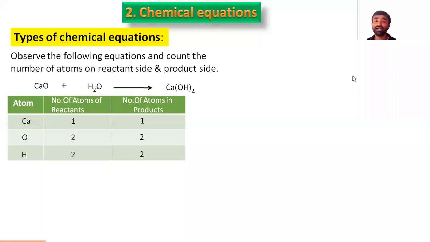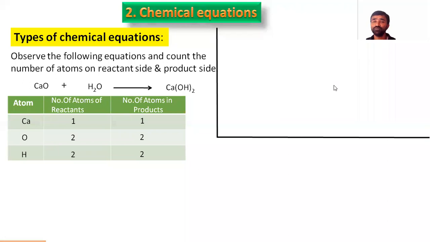Then we have the second equation. What is that second equation here? Sorry, the third activity is there. The third activity is the reaction between zinc and hydrochloric acid.